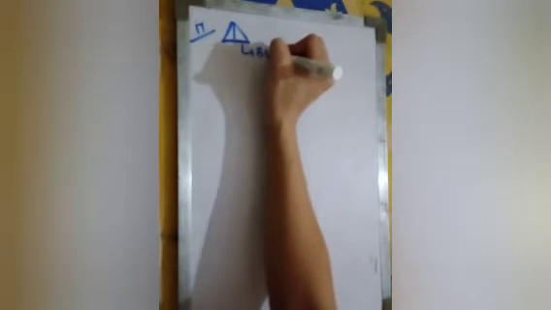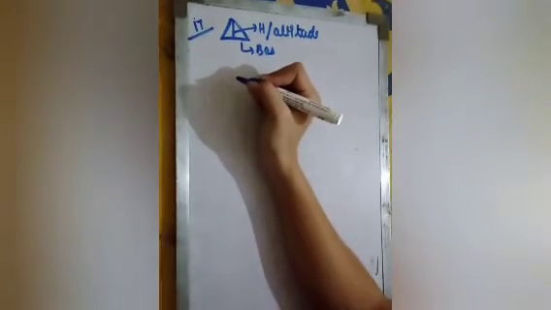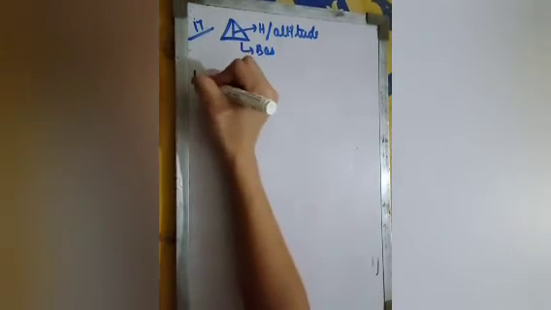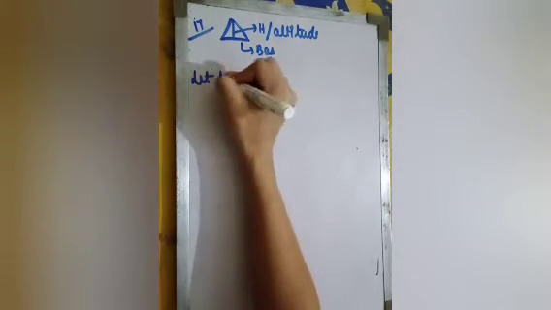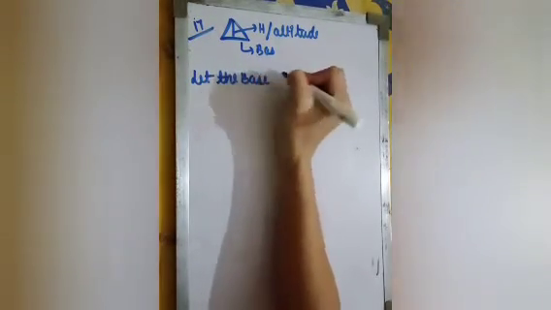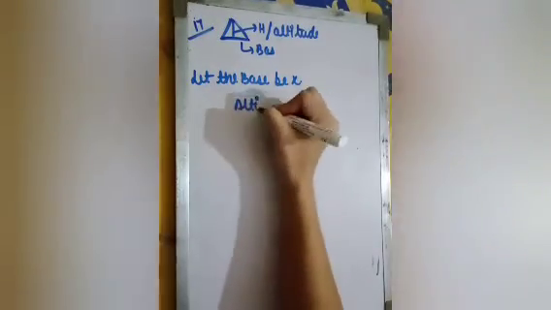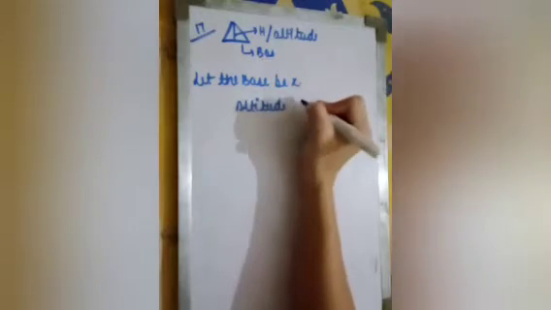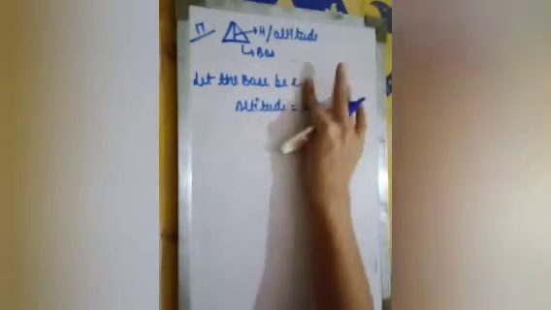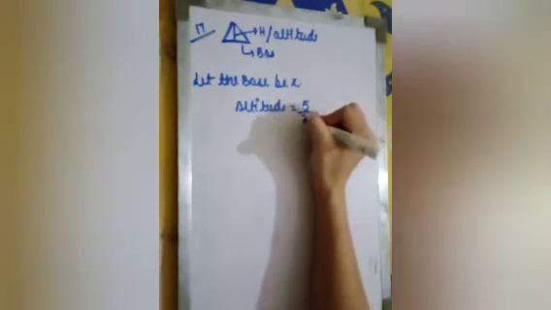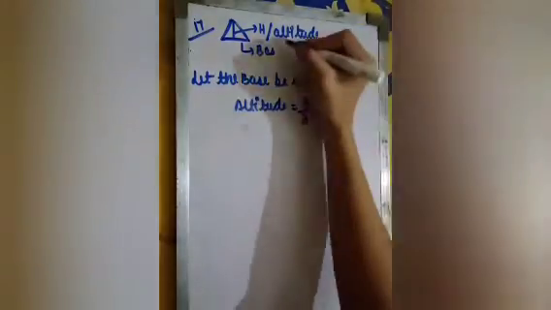This is base and this is height or altitude. Now they are saying altitude is 5/3 of the base. So let the base be x. And altitude will be 5/3 of the base. Okay?